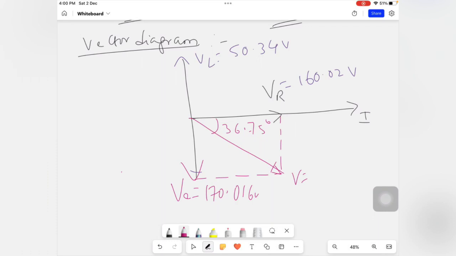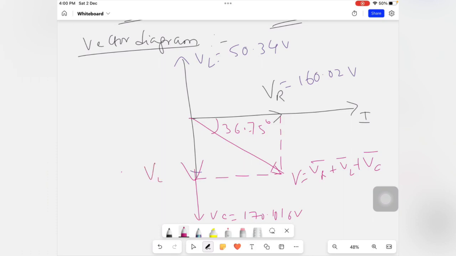This V is nothing but VR plus VL plus VC. This is VC, equal to 170.016 volts. Now this is the resultant.